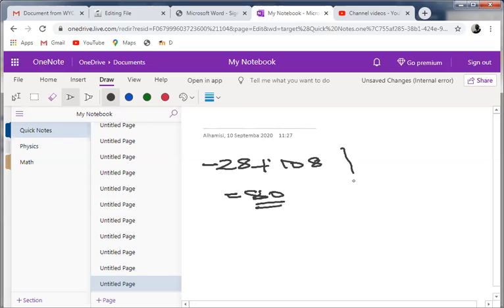Having done the numerator part, we can proceed and also do the denominator part. The denominator was 56 divided by 7 times 2.